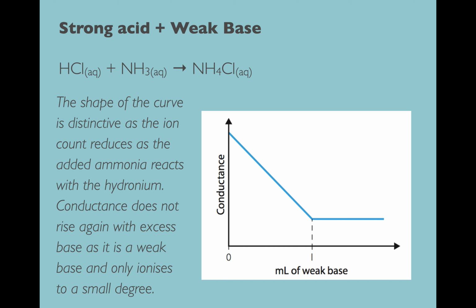So for a strong acid weak base, the shape is distinctive because the number of ions decreases because you had a lot of ions from your strong acid and it reached an equivalence point, and after that, because you've got a weak base and not all of it ionizes, the more base you add in, it doesn't change the conductance because it has the same ratio that will ionize as you go along. So the conductivity doesn't change by the amount of base you add into there.